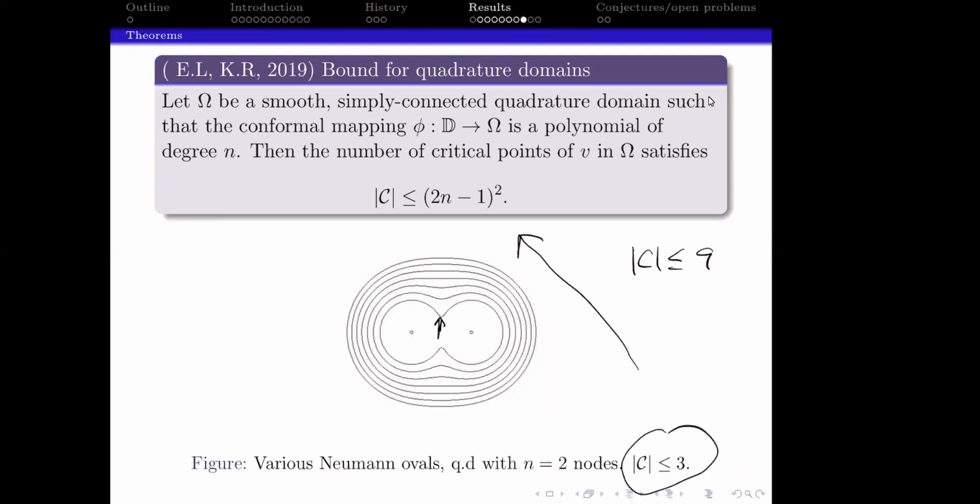In general, for any quadrature domain, one way to categorize it is that if it is simply connected, then the Riemann map will always be a rational function. So simply connected quadrature domains are exactly those for which the Riemann map is rational. But in general, yes, you are right, there is some covering going on here.